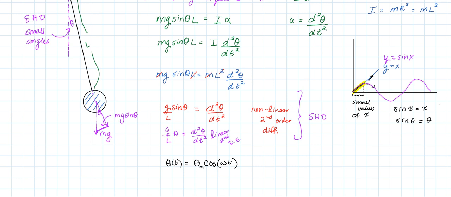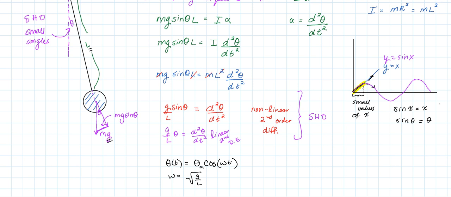Now we saw that the angular frequency over here was equal to root g over L, which is the gravitational field over this length. And that we saw didn't cancel out when we set up the differential equation. So we could factor this into the situation here and then solve for the period.